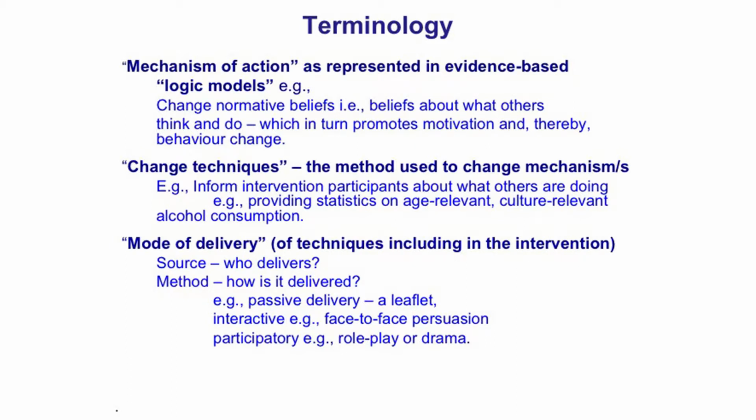So, for example, we might believe that by telling people about what other people are doing, that would change their behaviour. So some interventions, let's say around alcohol use, focus on telling people that their drinking is very different to that of other people in their peer group. So this is called changing normative beliefs.